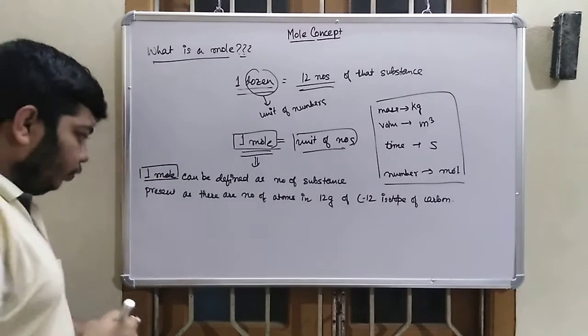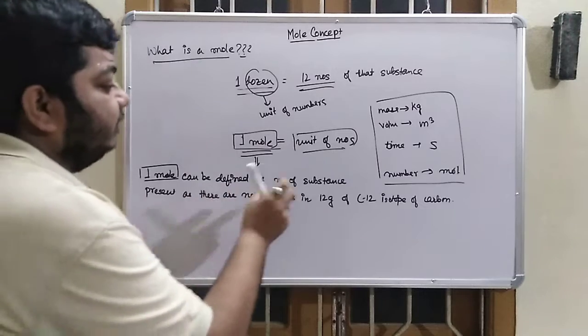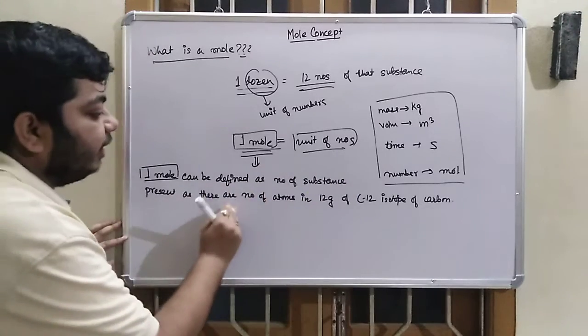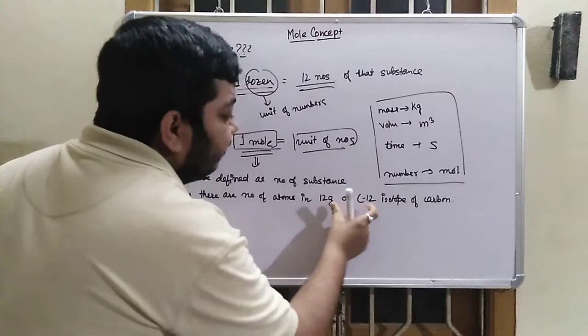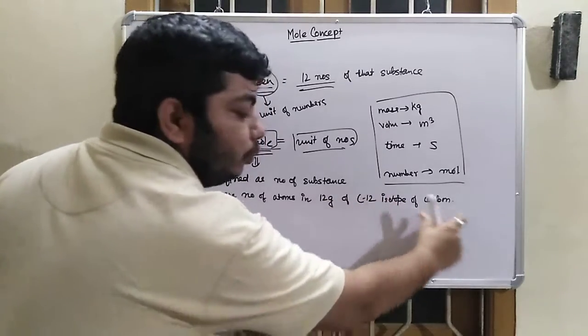So you see, 1 mole can be defined as the number of substance present as there are number of atoms in 12 gram of C12 isotope of carbon.